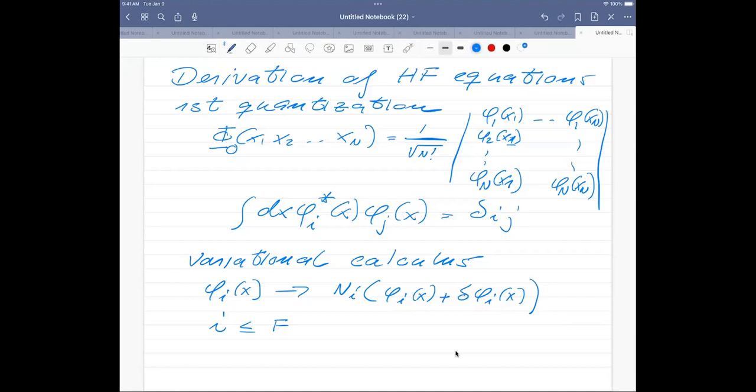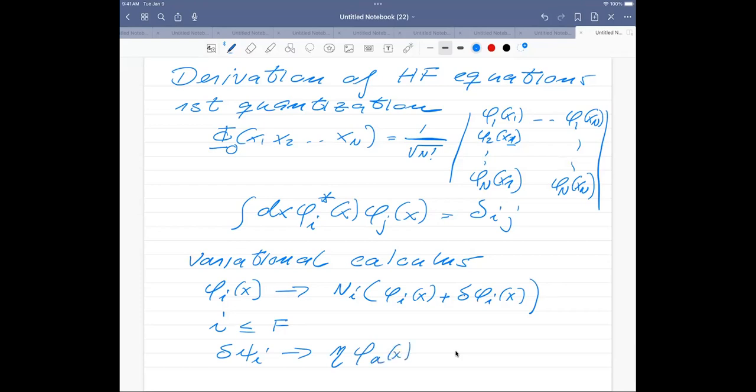So we're going to make a new type of variation. So we are now going to assume that this delta phi of i is now going to change to some small infinitesimal change, an eta, and this is now multiplied with a phi of a of x.